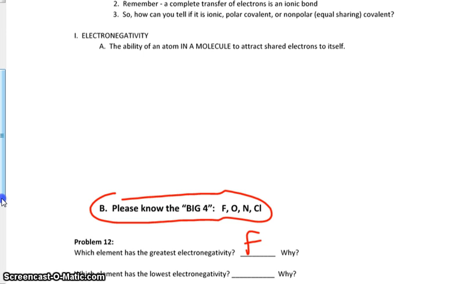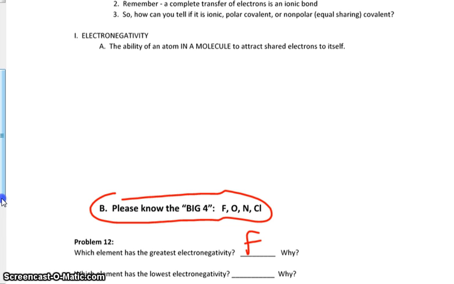It has almost a filled shell. And so if you gain an electron, it will have a filled shell, creating that stability. It does have 7 electrons in the outer shell, bringing it closer, in a sense, to the nucleus with the 9 protons. So for all the same reasons of periodic trends, that's why fluorine has the greatest electronegativity.